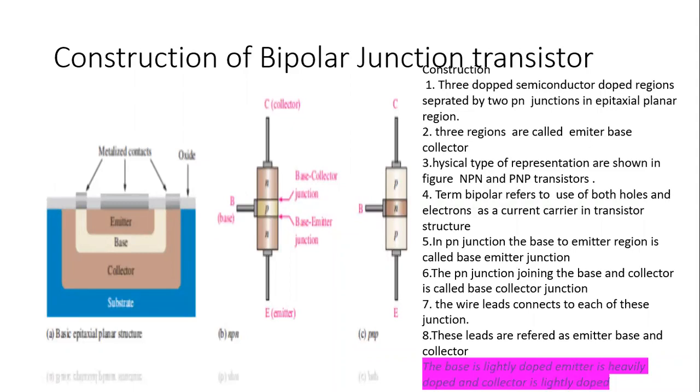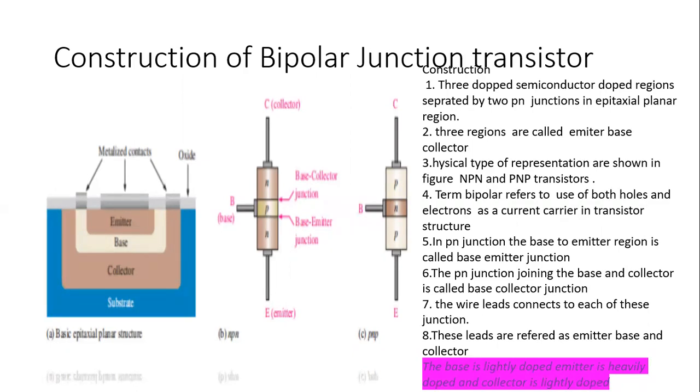In PN junction, the base to emitter region is called base emitter junction, and PN region joining the base to collector junction is called base collector junction. The wire leads connect to each of these junctions. These leads are referred as emitter, base, and collector.